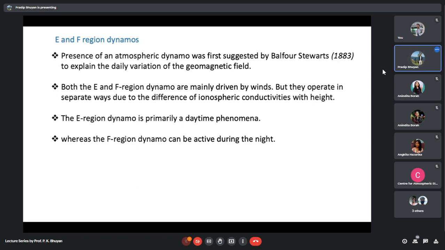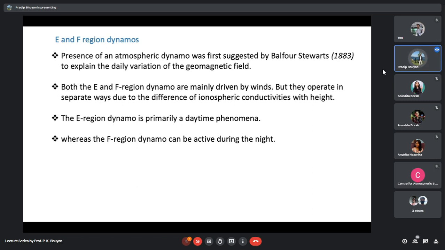So winds drive the E region dynamo as well as the F region dynamo. Keep that in mind. The dynamo is driven by your E and F region winds.